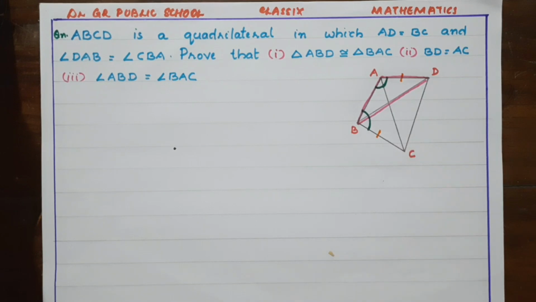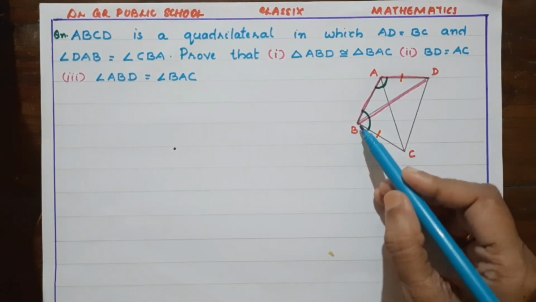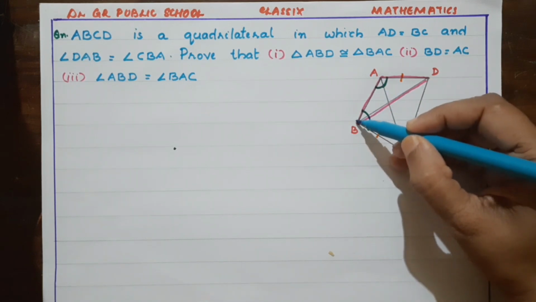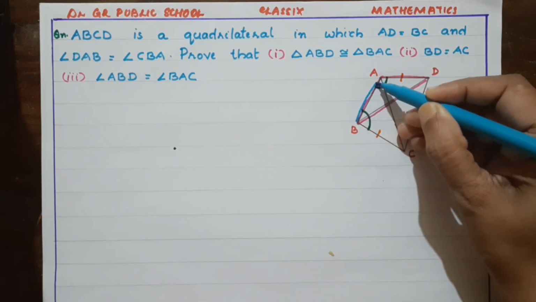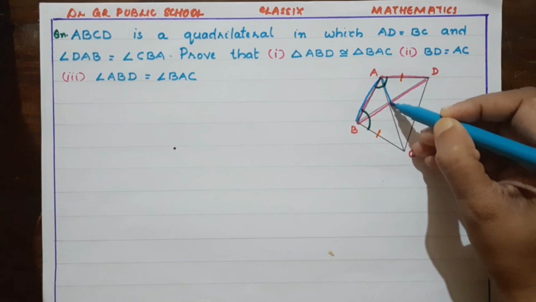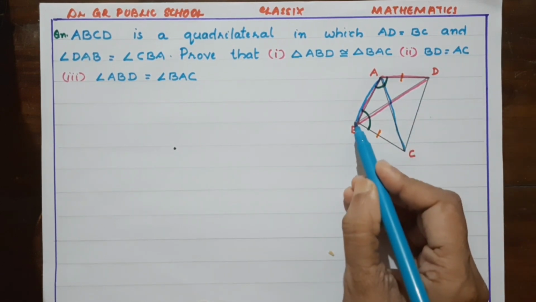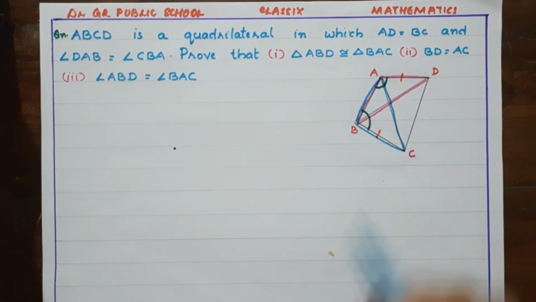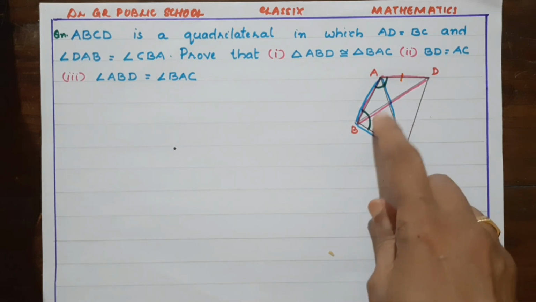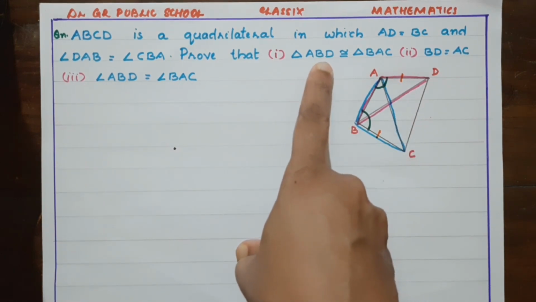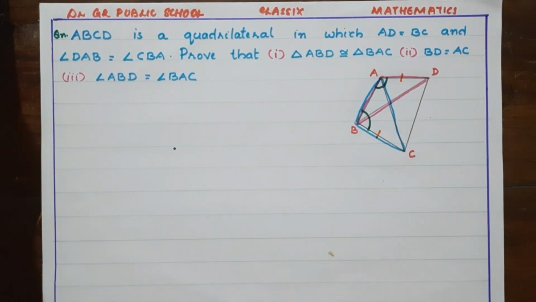Okay, what is the second triangle? BAC. This one. Okay, so these are the two triangles we have to consider to prove the congruency.